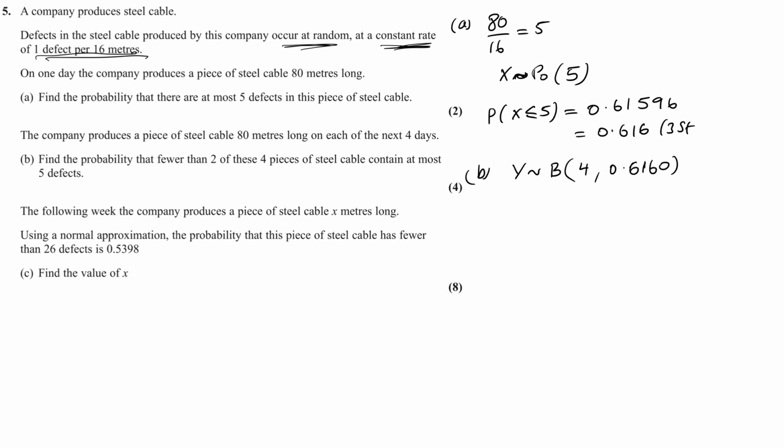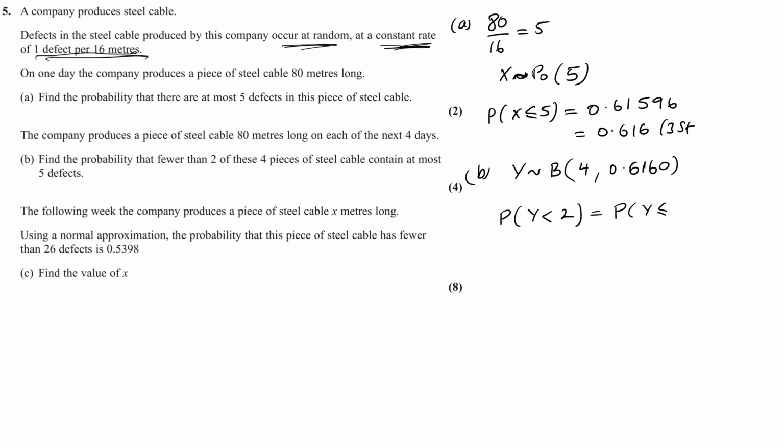Okay, I'll do it like that because it's the same as my 3 significant figures, but it's also the same as if you use the tables there. And we've got to find the probability that for Y we had fewer than 2, so less than 2 containing at most 5 defects.